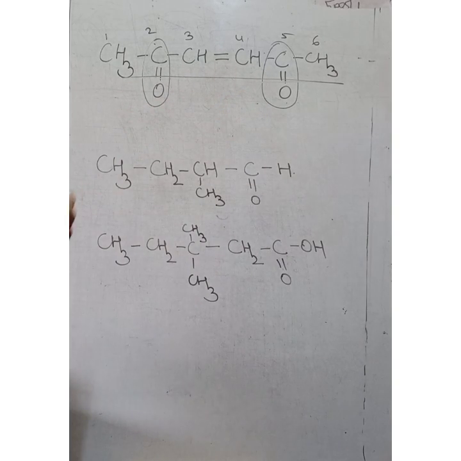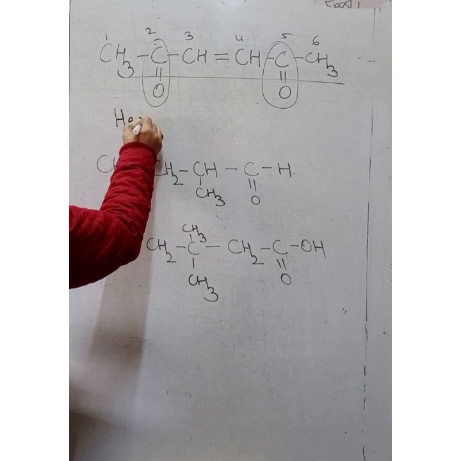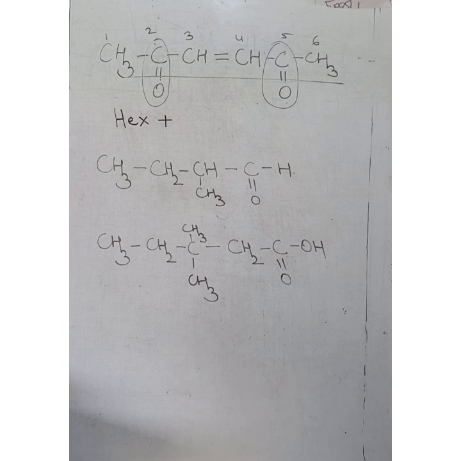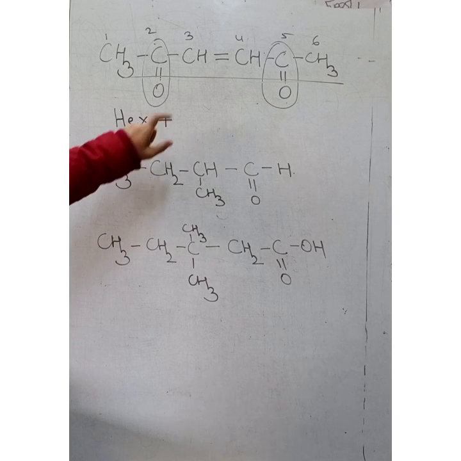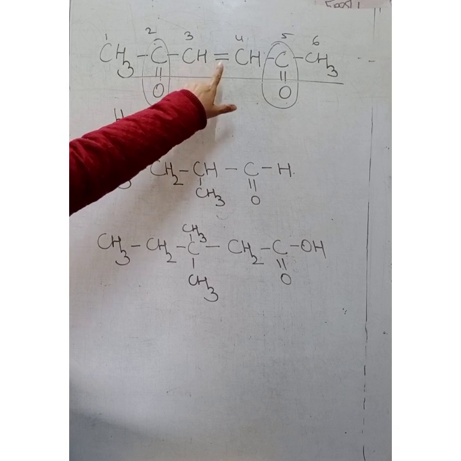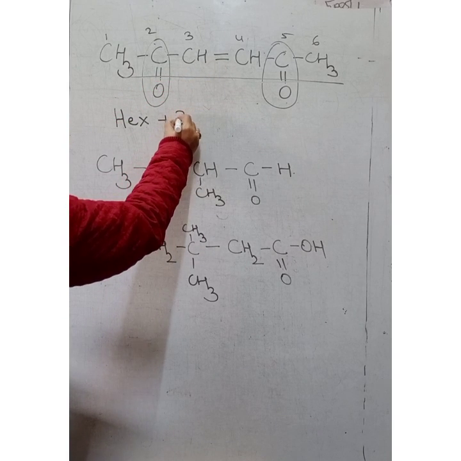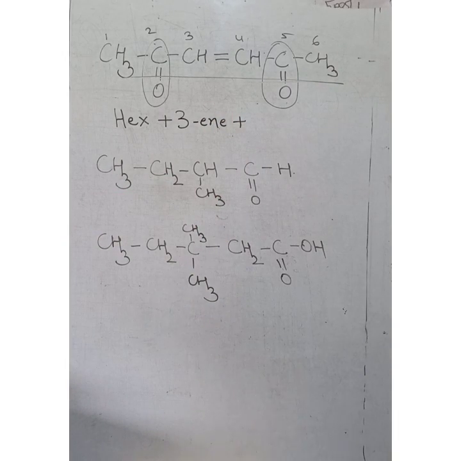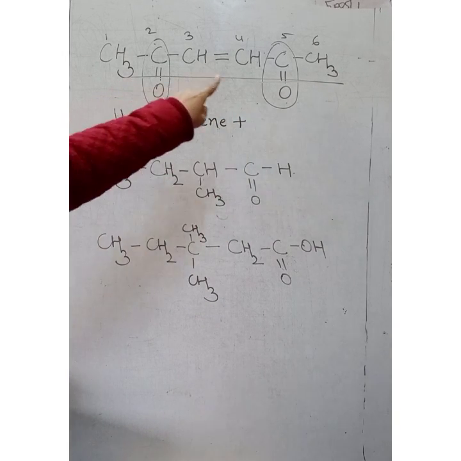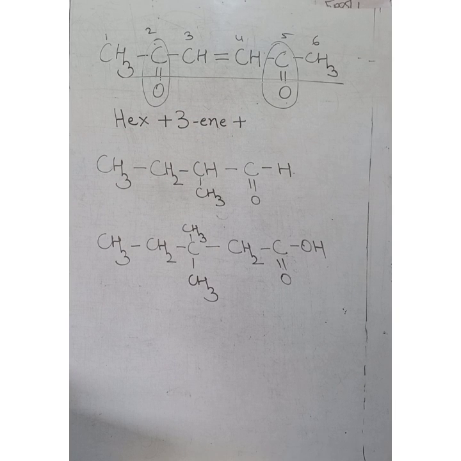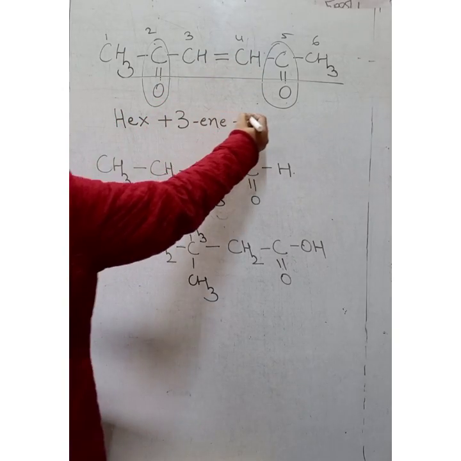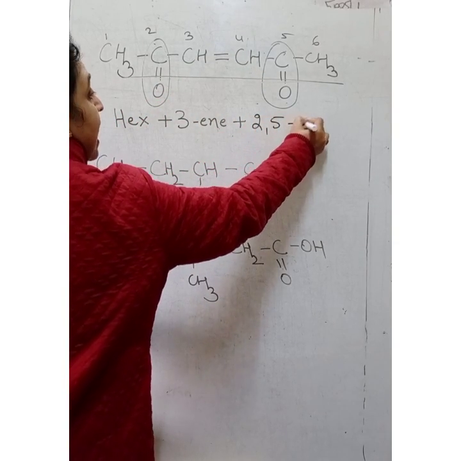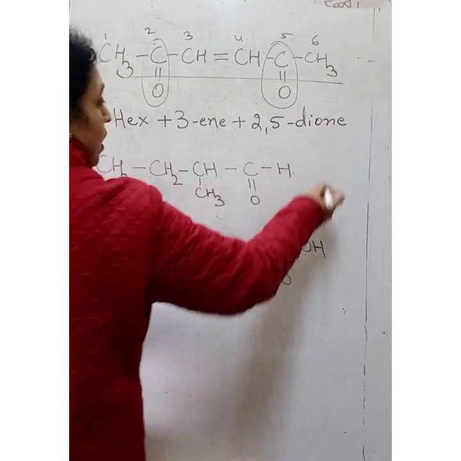6 carbon atoms means the word root is hex, plus primary suffix. The primary suffix indicates the linkages present between carbon atoms. You can see at the third position a double bond is present. So, 3-ene is your primary suffix. Now, the secondary suffix for ketone is one, but we have two ketones, at the second and fifth positions. So, 2,5-dione.